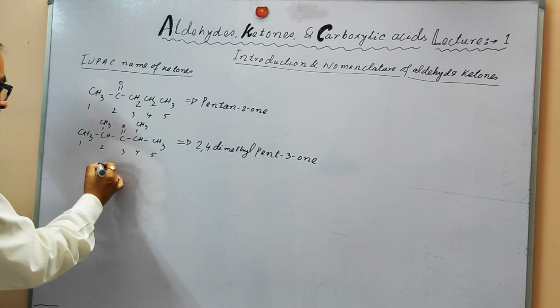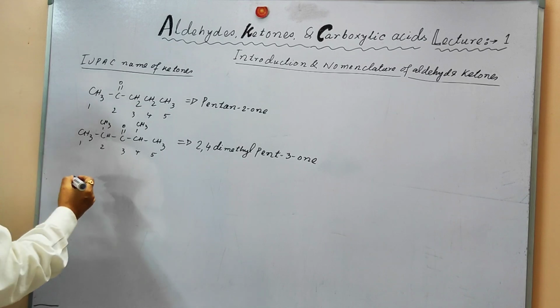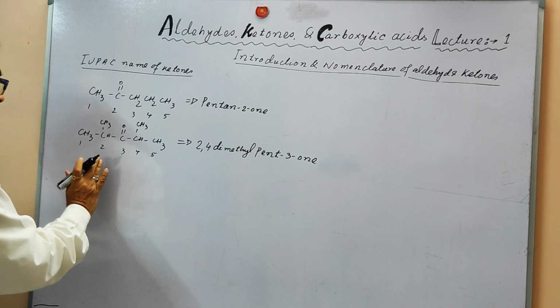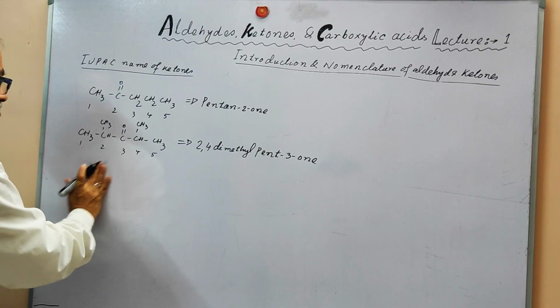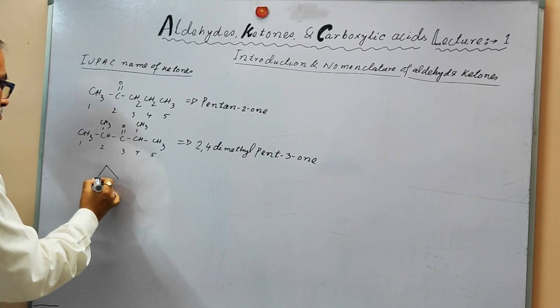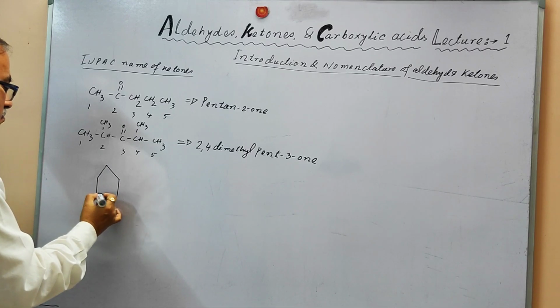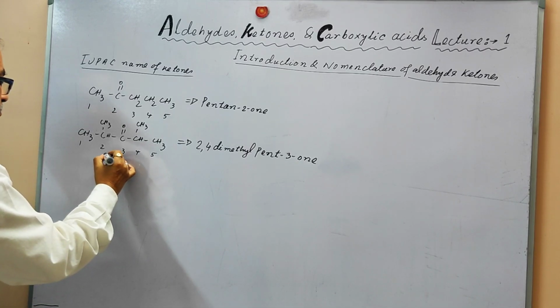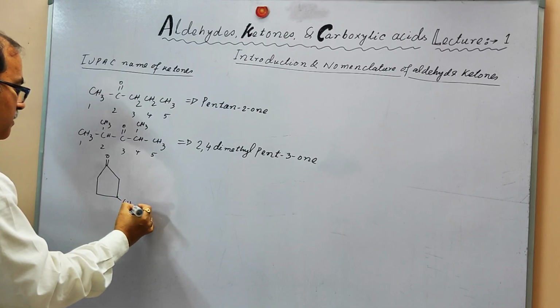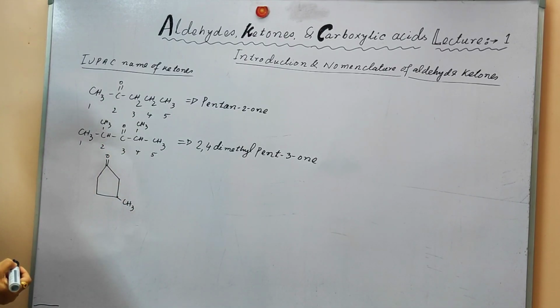Now let us have the cyclic ketones. A cyclic ketone is this, suppose. This is a cyclic ketone, and here at one position there is a methyl group. So how do we name it?